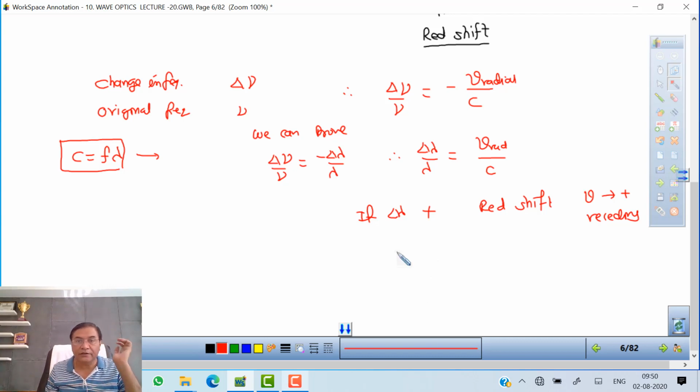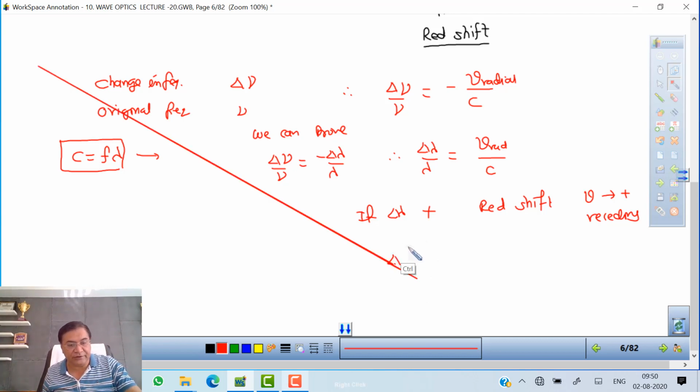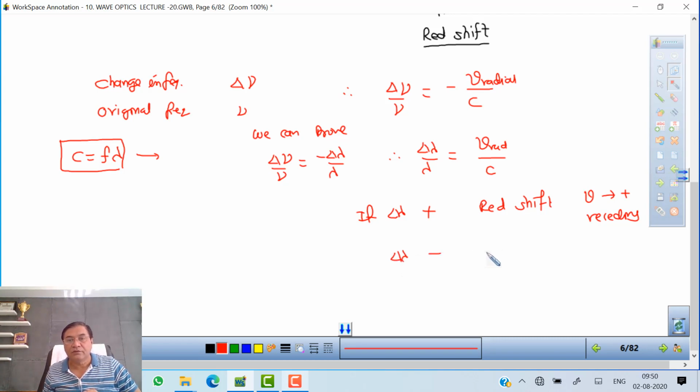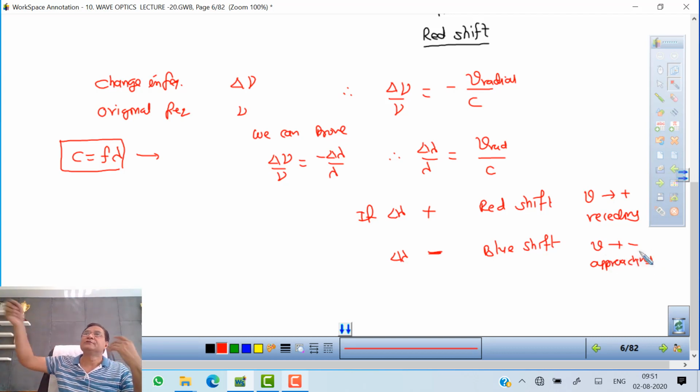And if delta lambda is negative, then it is called blue shift, and the velocity is taken negative and it is always approaching. Approaching velocity, how to take it? Negative. Receding velocity you take positive. If the star is going away, without hesitation you take positive velocity. If the star is approaching, you take negative.